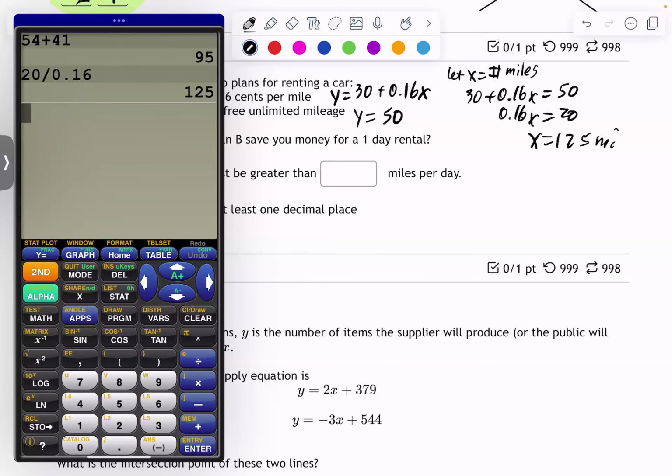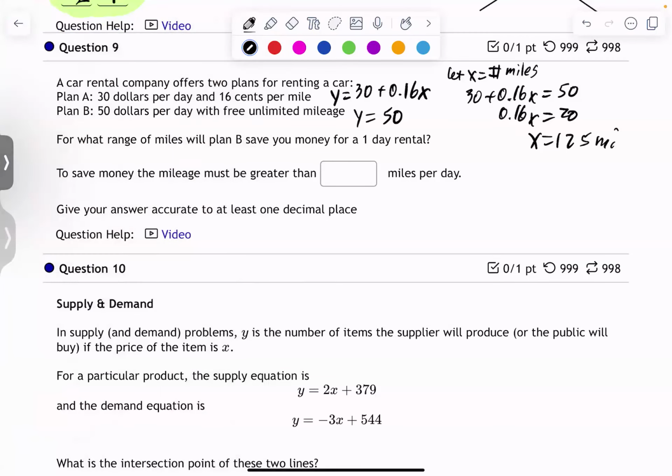That's the breaking point. So if we go one more mile, then plan A is going to be more expensive, and plan B will be less expensive. To save money, mileage must be greater than 125 miles a day for plan B to save you money. So if you know you're going to be going 126 miles or more, you want plan B. If you're going less than 125 miles, it's going to be cheaper to do plan A.